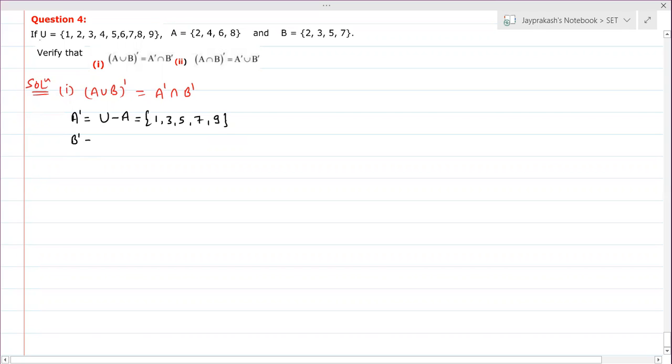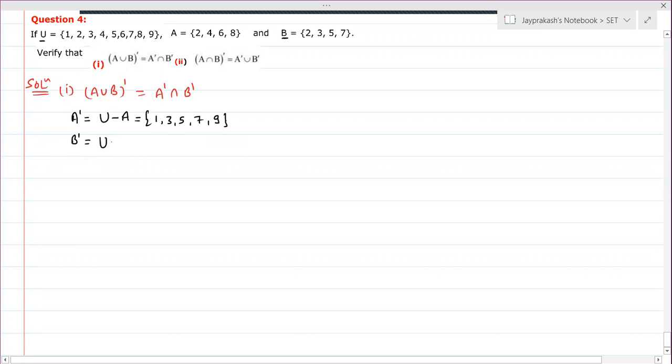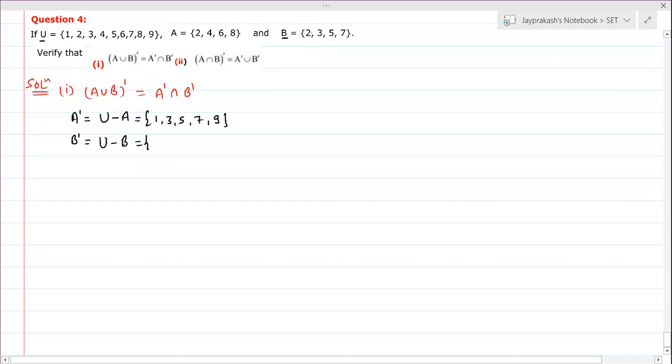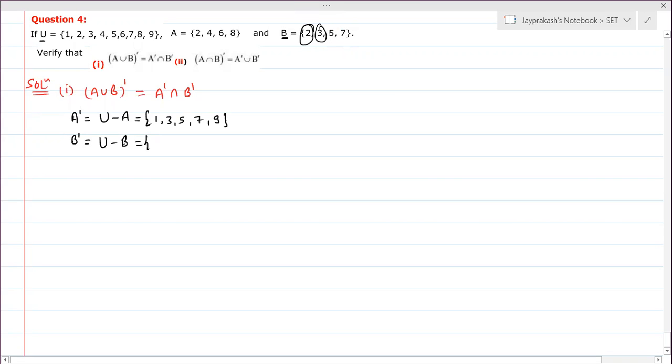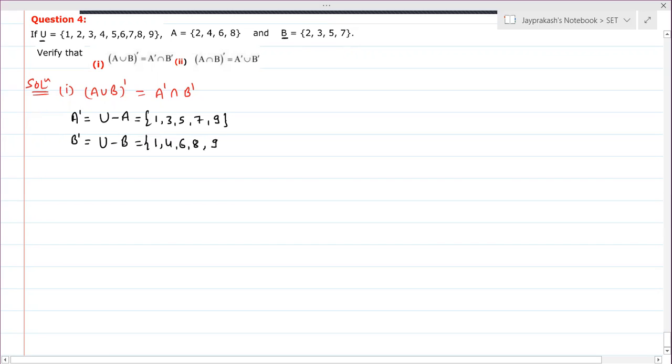Just see here, this is your U, and these are the elements of B. So again, this is U minus B. Apart from 2, 3, 5, and 7, we will write the elements which are inside U. So 1 is there, then 4, 6, 8, 9.